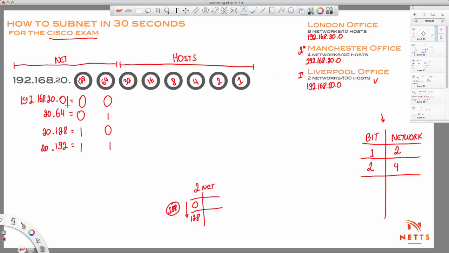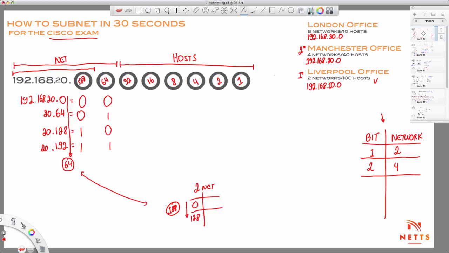If you look at these networks in here, these networks increase by a value of 64. What's the relation between them? The relation was, in the previous example, our boundary was in here. So how many bits did we take? We took 1 bit. So 1 bit builds 2 networks.